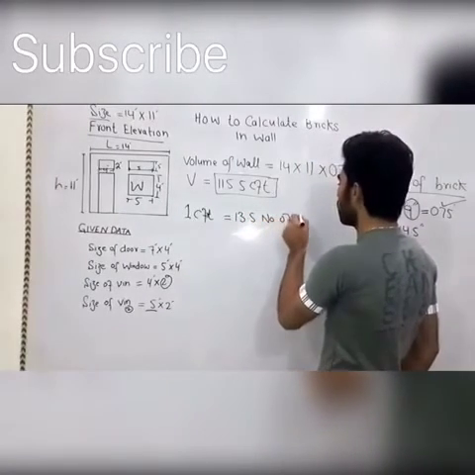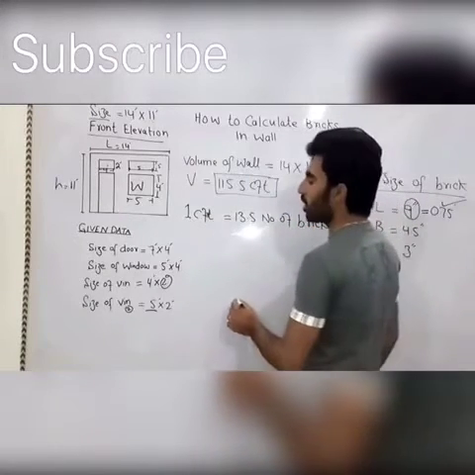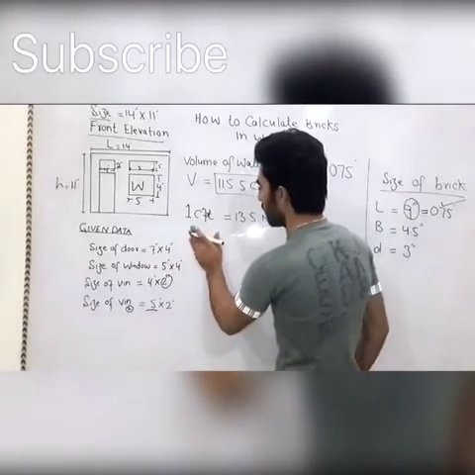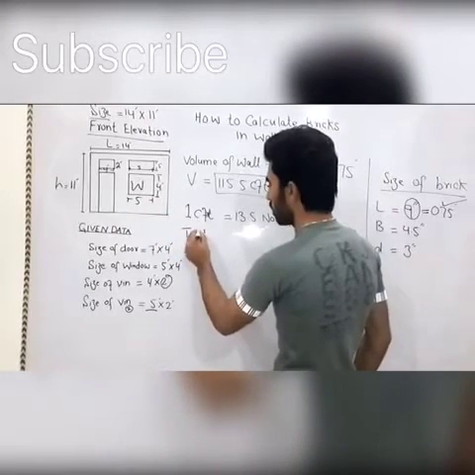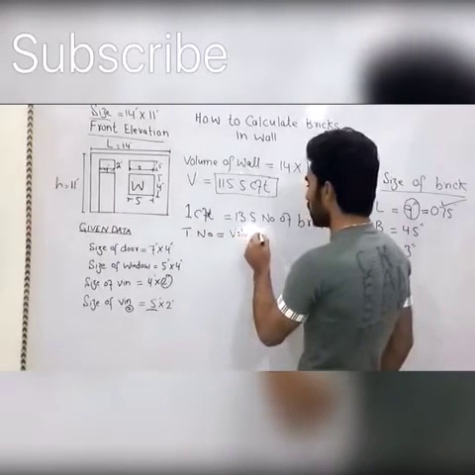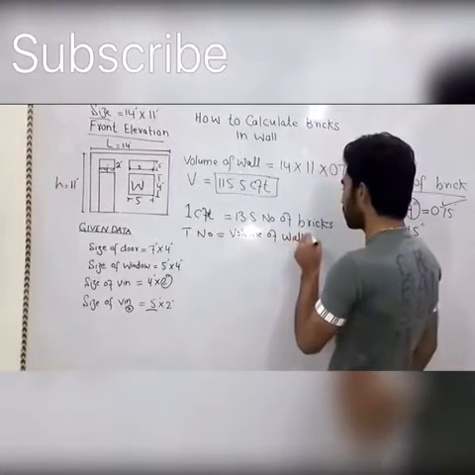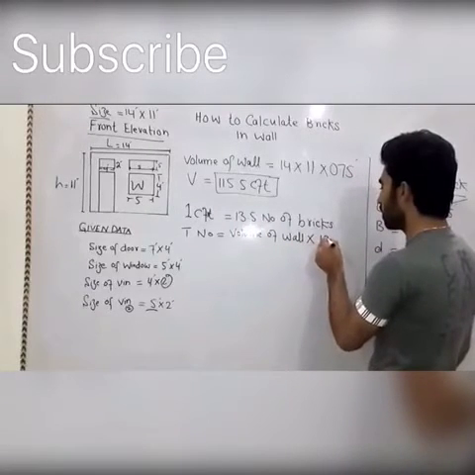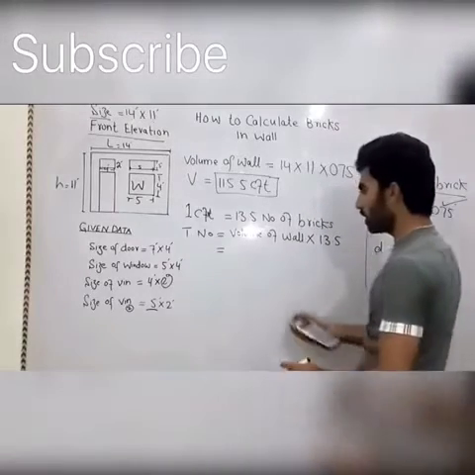So how many bricks are required here? The total number is equal to the volume of wall multiplied by 13.5.